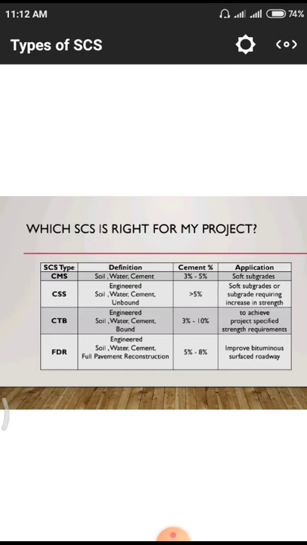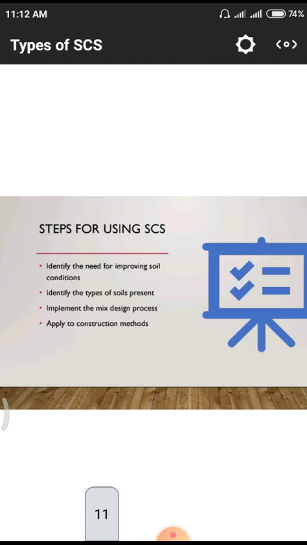In those conditions we require more compressive strength and bearing capacity from the soil. In those cases we prefer CTB. Next one improves bitumen surface roadway, FDR. These are the four kinds of projects, how much cement is required, and in which fields they are suitable.